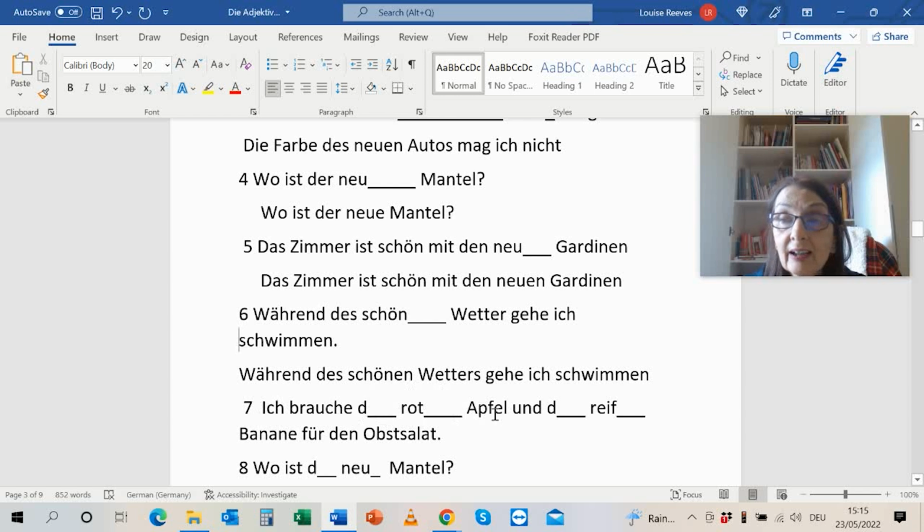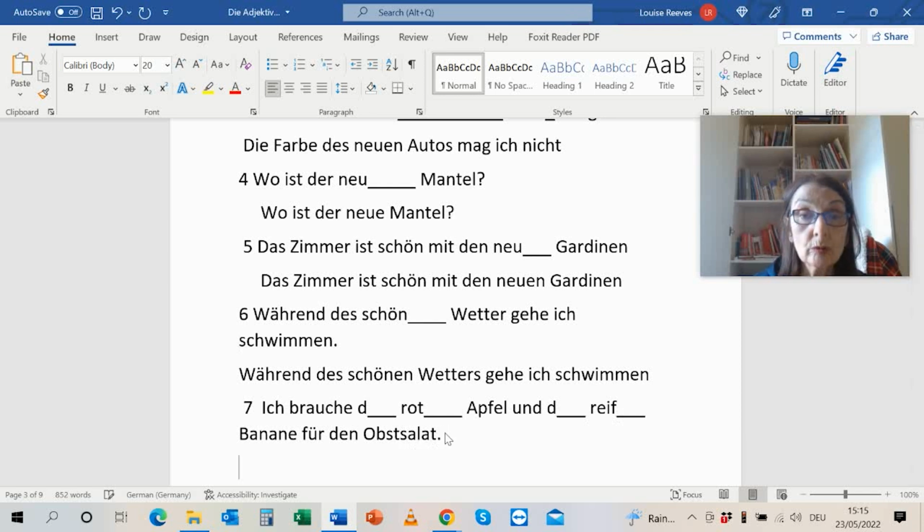So it's der Apfel, but der changes to den. And then you put your masculine accusative ending in en. And then you have here Banane. So that's feminine. And then you have die reife Banane für den Obstsalat. So again, I hope you're learning, and particularly that young girl, because I really did feel sorry for her, as she was very worried about her exam.